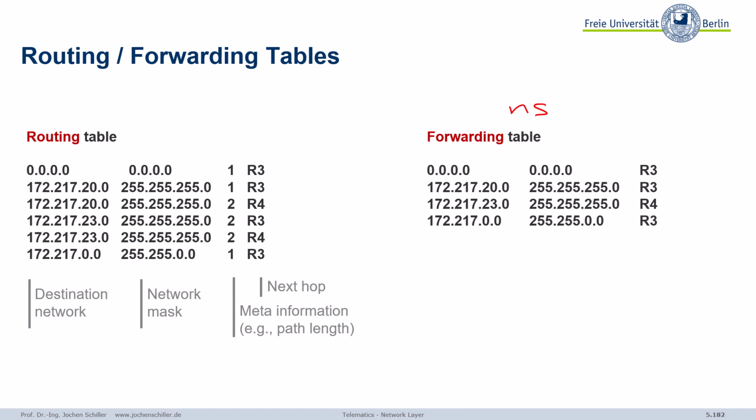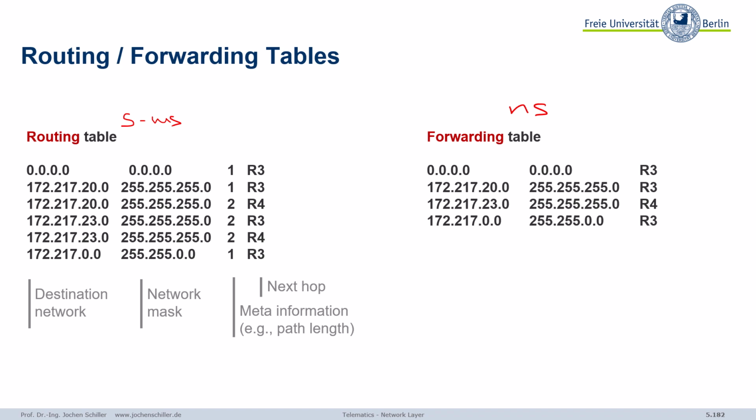This decision has to be made very fast. On the left-hand side, we see a so-called routing table. We update and fill this table in seconds or milliseconds, that doesn't matter, but it is orders of magnitude slower.